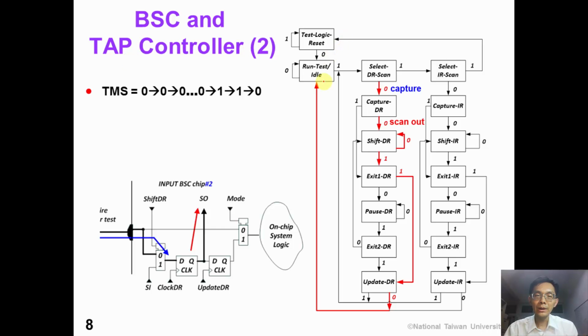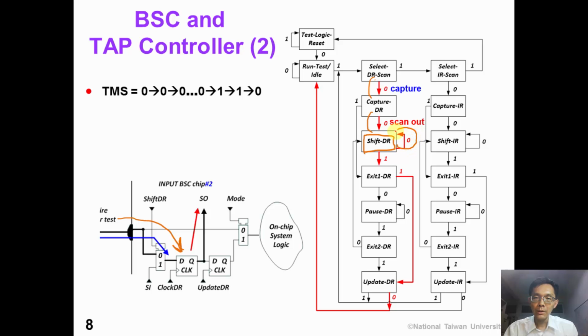This slide shows the operation of boundary scan cell and the tap controller state transition of chip number 2. We apply the TMS sequence 0 to capture the response into the flip-flop. And then we apply a 0, so that we are now in the shift DR state again.